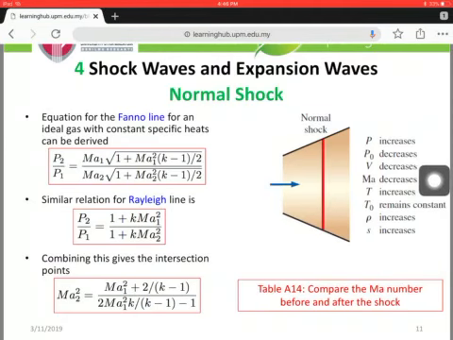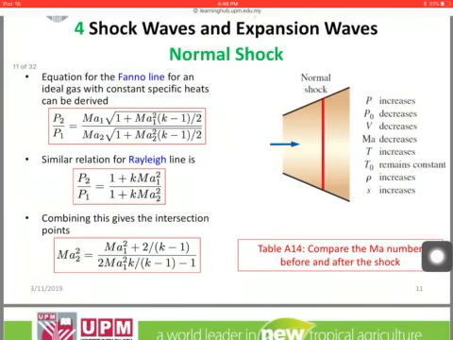If the speed decreases, the Mach number also decreases. The temperature increases because of the speed decrease. The stagnation temperature remains constant. Density increases, and finally entropy increases. So remember, this is not an isentropic process.